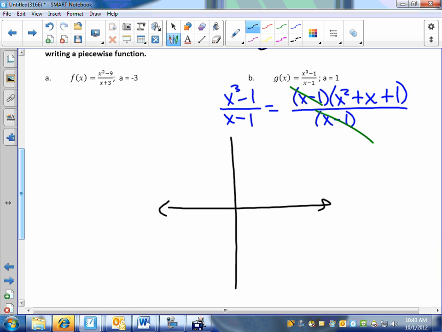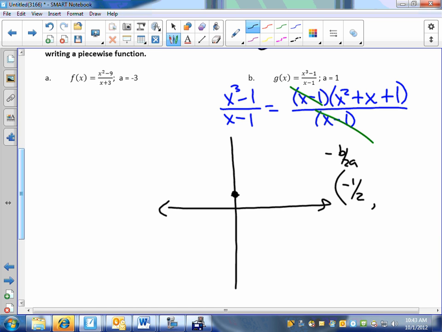Okay. Let's draw the graph of this parabola. What is the y-intercept of this parabola? Positive 1. We know that much. Let's figure out the vertex. The vertex is negative b divided by 2a, so negative 1 divided by 2 times 1. So negative 1/2 will be the x value of the vertex.